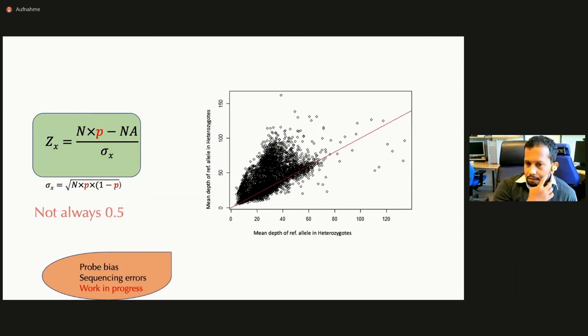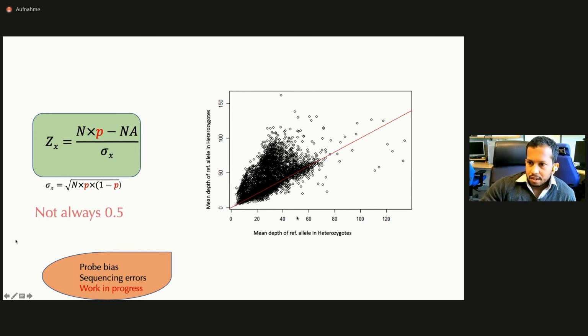There's another thing that we are currently working on. As I said before, here we assume that the chance of one or the other allele occurring is 50-50, or 0.5, for the calculation of the standard deviation, which, when we checked the data, is not always the case.